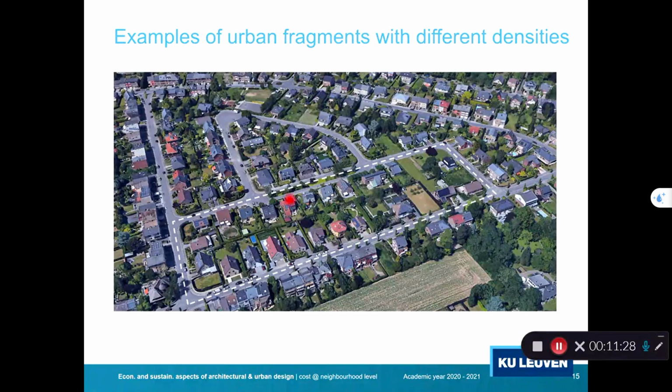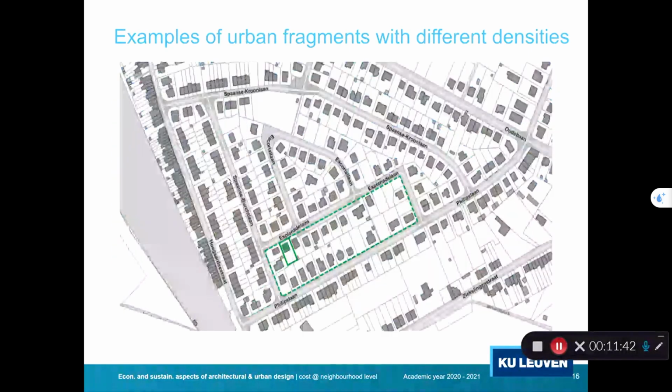The infrastructure needed for this neighborhood is only the surrounding road, because there is no road crossing through the neighborhood. So here we only have an external infrastructure. So this view can be translated into a plan as well. So we are looking at a detached house in a neighborhood of detached houses surrounded by an external infrastructure.